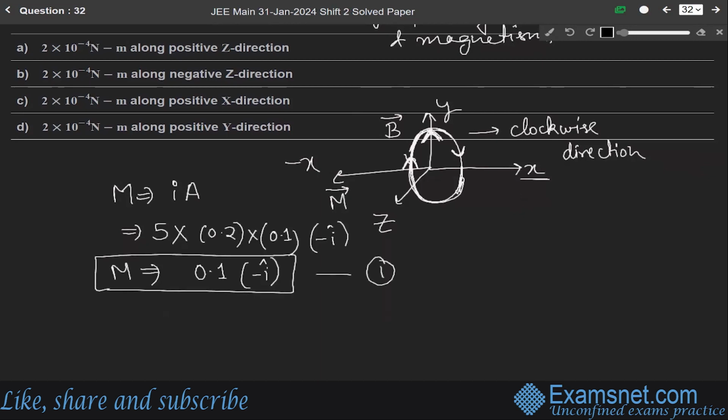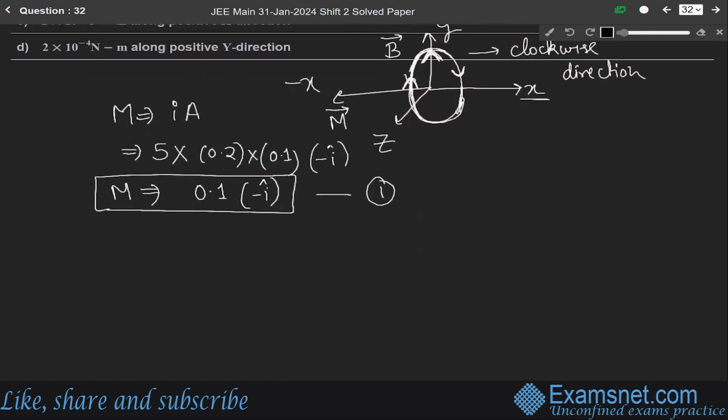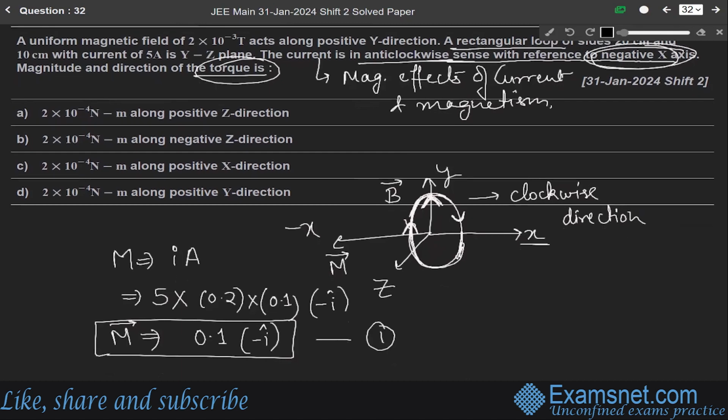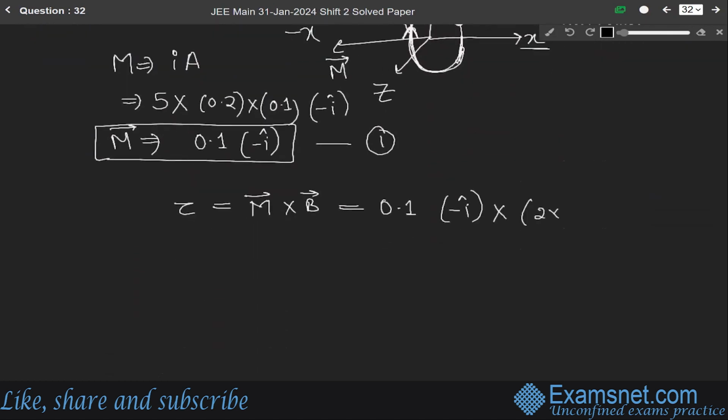Now we have to find the torque. Torque tau is equal to M cross B. M is 0.1 in the negative i direction into B. Magnetic field is given as 2 into 10 to the power minus 3 Tesla, and it is in the positive y direction, meaning j cap.